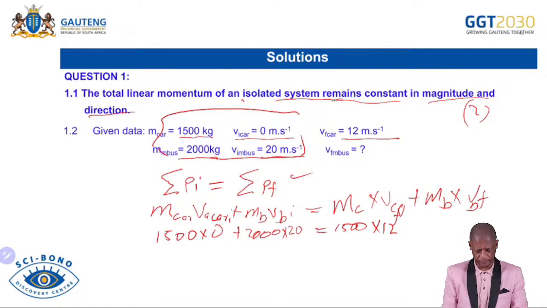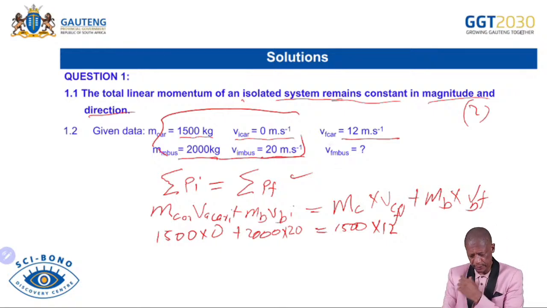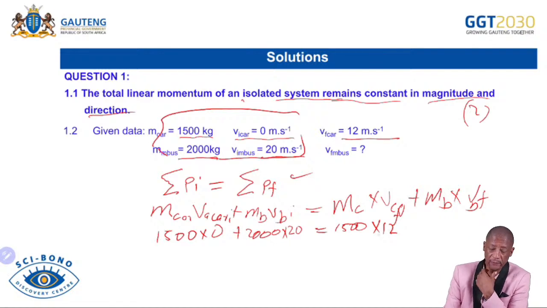So you've got the mass of the car, 1,500 multiplied by 0, plus the mass of the minibus, 2,000 multiplied by 20, equals to the mass of the car after collision, which stays the same, 1,500, multiplied by 12.